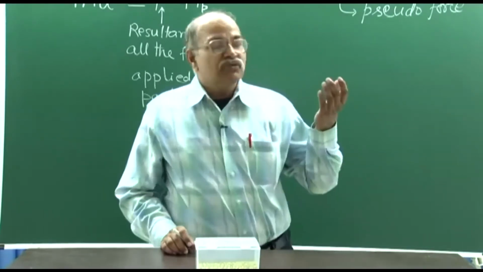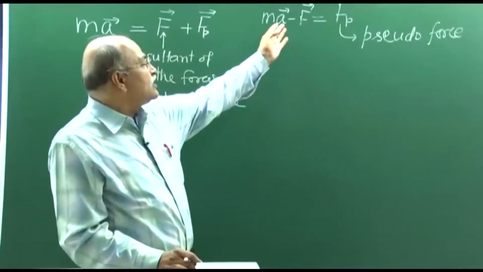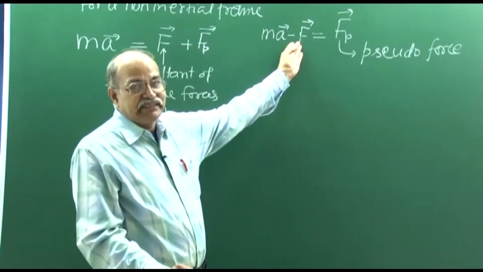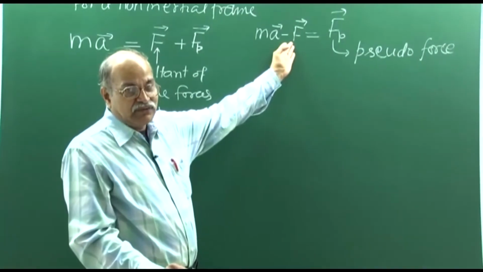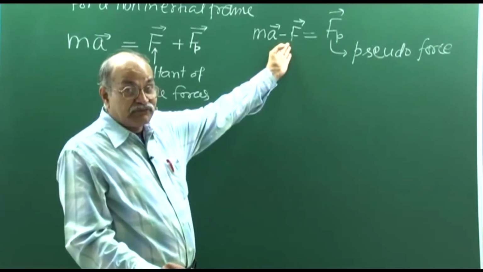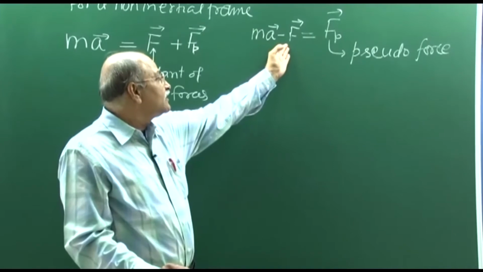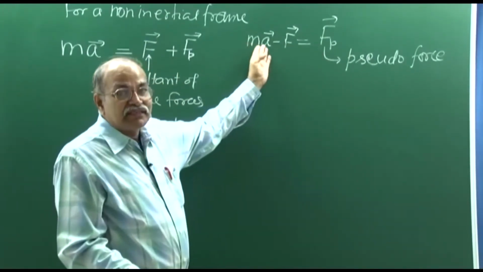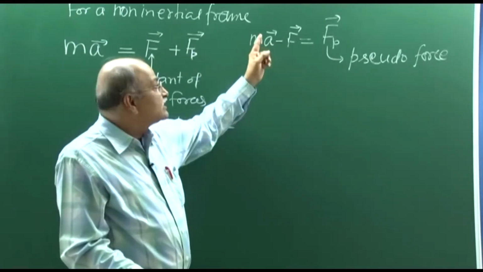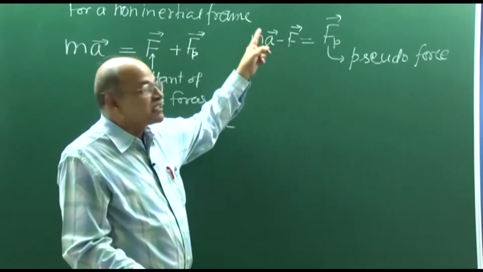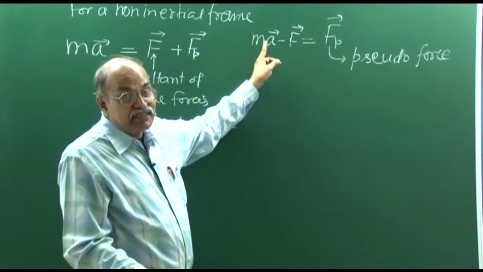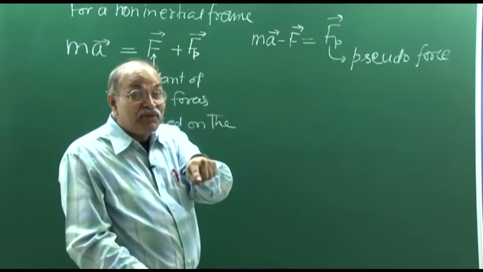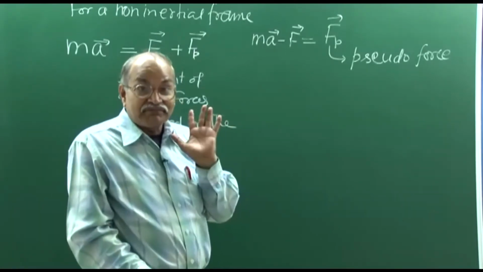So, if you look at this equation, the real applied force is 0, the resultant is 0 in the horizontal direction. In fact, if you neglect friction, there is nothing, and therefore this pseudo force is just mass into acceleration, this is the acceleration of the particle with respect to that box, which is minus a naught, if a naught is the acceleration of the box with respect to the lab.